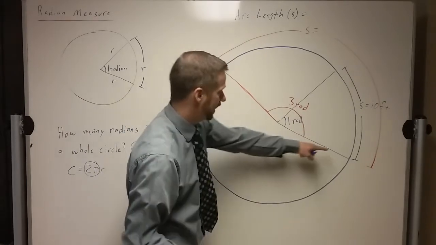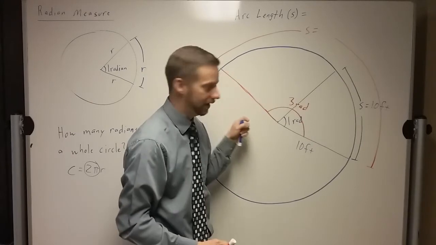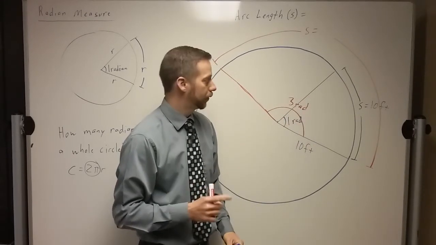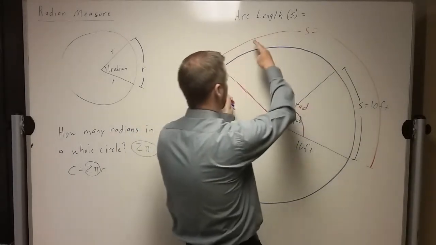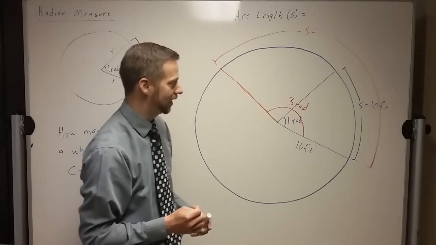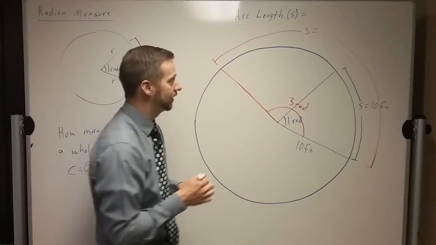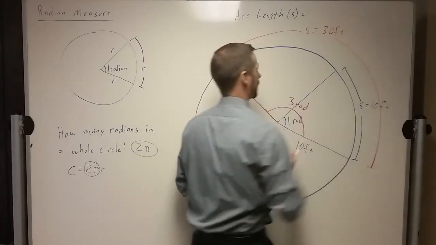Now, this larger angle, going out to that red arc out there, is 3 radians. So if we're going 3 radians, then basically we have 3 of the radius put together to make it around this thing. And if we have 3 of the radius and the radius is 10, that arc length would be 30 feet.